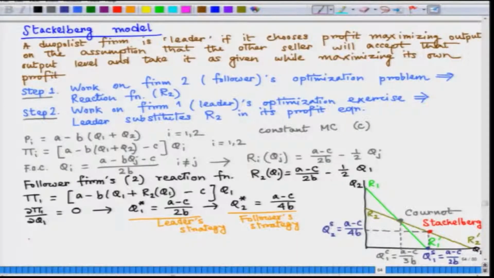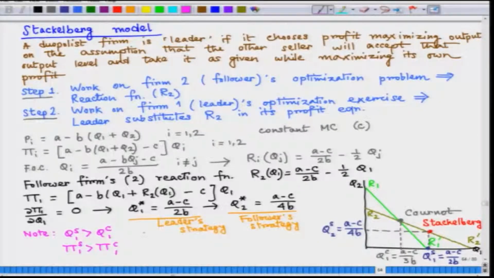So, here note that QS1 is greater than QC1, and the same can be said for profit levels. Right, and this is basically for the leader.